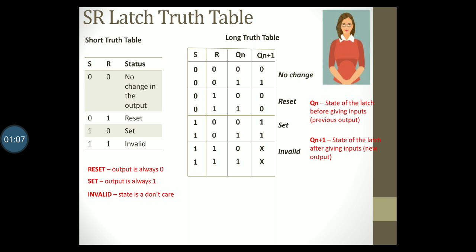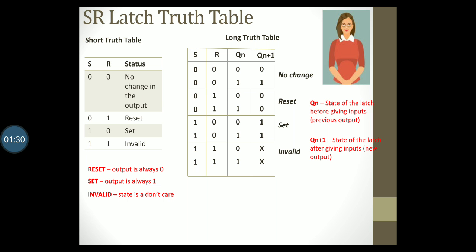Referring to the short truth table, we know that the first row says that if S and R are both 0, then the status of the latch reads as no change in the output. The second row says that if S is 0 and R is 1, then the status of the latch is reset.